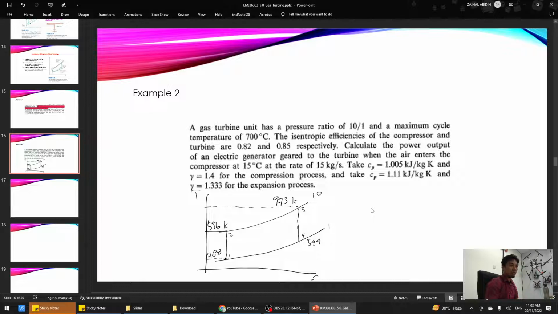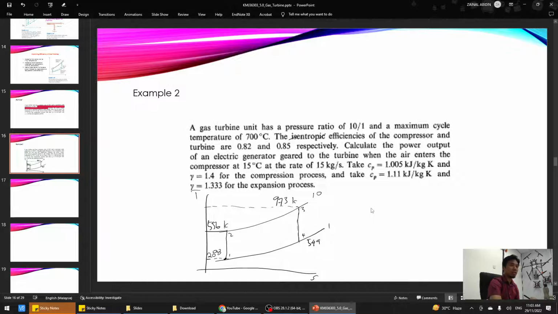Soalan tu dia bagi kat kita isentropic efficiency. What is actually isentropic efficiency? Kan saya dah pernah tunjuk awak, isentropic ni actually the entropy. Bila ada entropy, sebenarnya kita jadikan dia teori ataupun ideal.